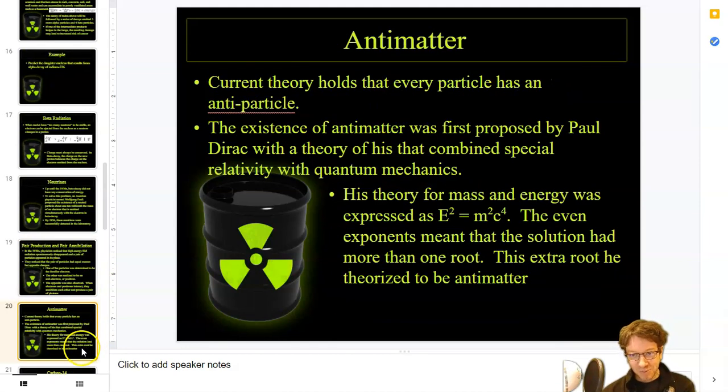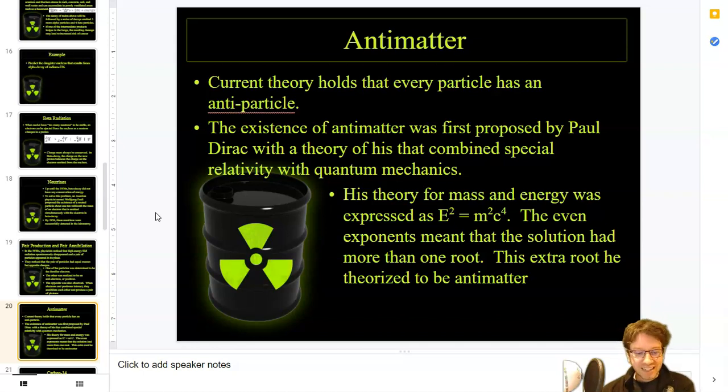Now, antimatter was originally proposed by Paul Dirac when he first created a theory that combined what we call special relativity and quantum mechanics, which I'll talk more about in grade 12 physics. Right? And his theory predicted all of these other particles, these pairs of particles that all matter should have.